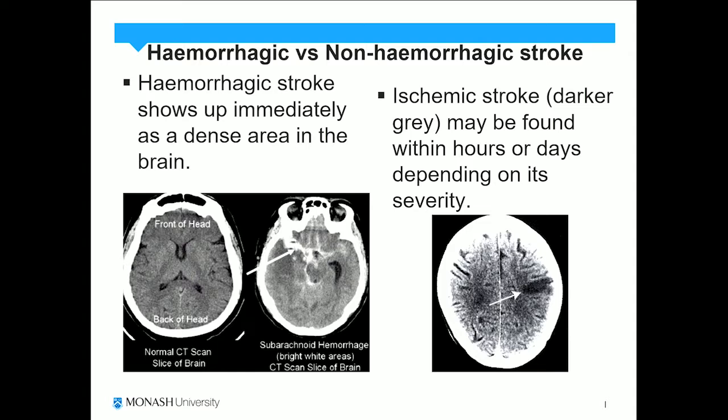And on the image on the right, where there's evidence of an ischemic stroke, we're now looking at a darker gray, and you can see that the stroke is much older. This can be found within hours or days, and this depends on the severity of the non-hemorrhagic stroke.